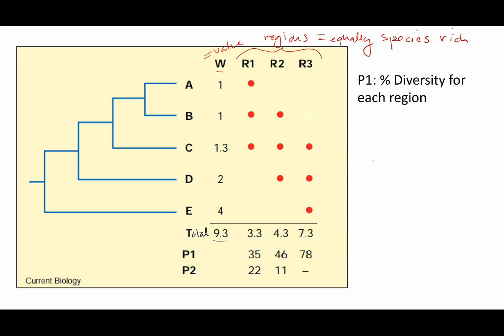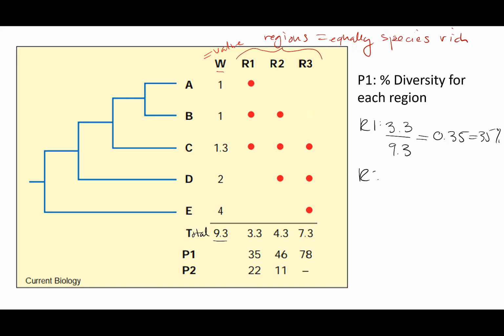So for region 1, you take your total taxic diversity score, which was 3.3, and you divide it by the total taxic diversity for the tree, which is 9.3. And what that gives you is 0.35, or 35%.